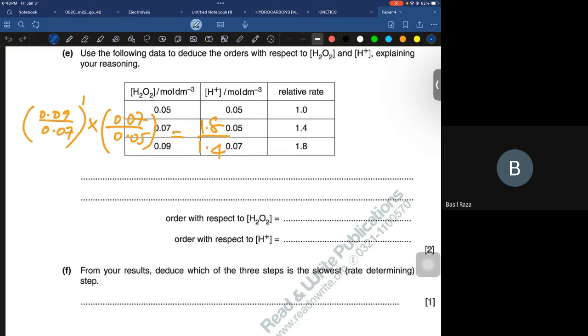Yes, 9/7. Tell me the number. 1.3, sir. 1.3. Okay, and what is this? 1.4. And what is this?